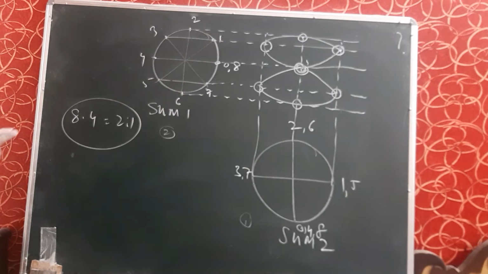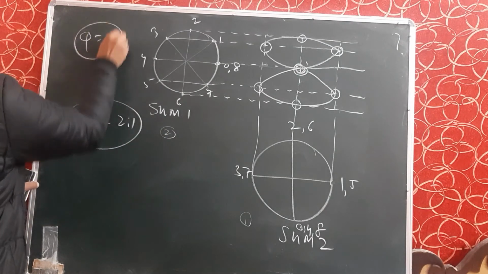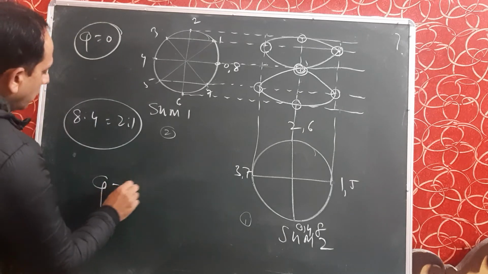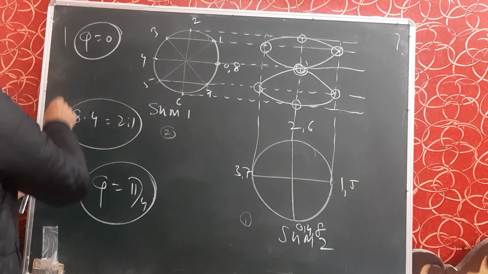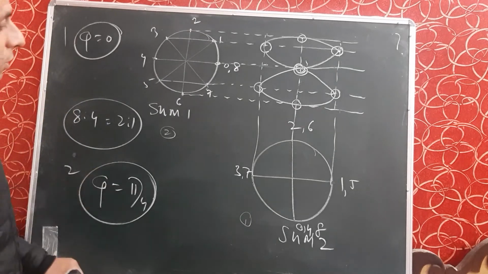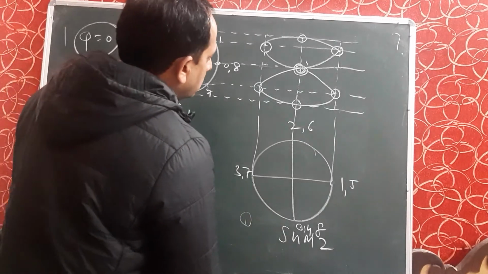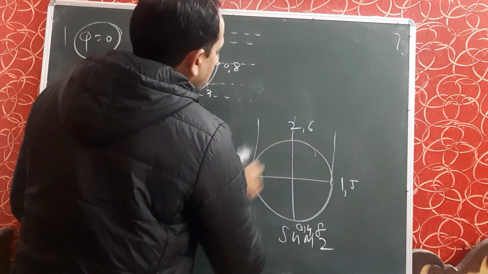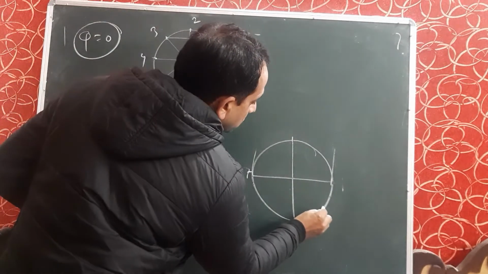You can find the next figure when there is a phase difference. This is the case when phi is 0. If we compare, phi is equal to pi by 4. So when phi is pi by 4, there is a small difference in the second figure. Pi by 4 means this one is pi by 4.